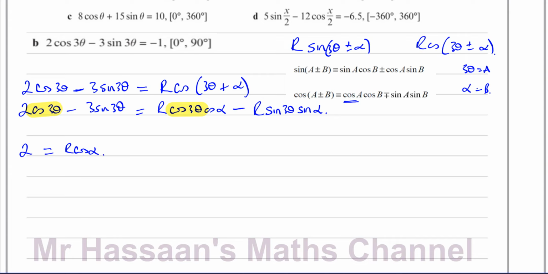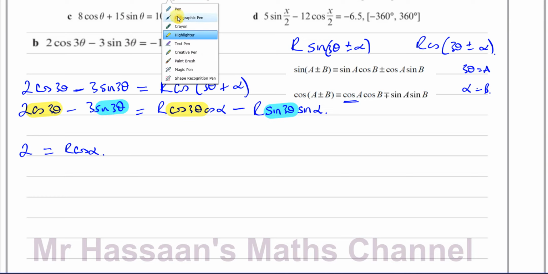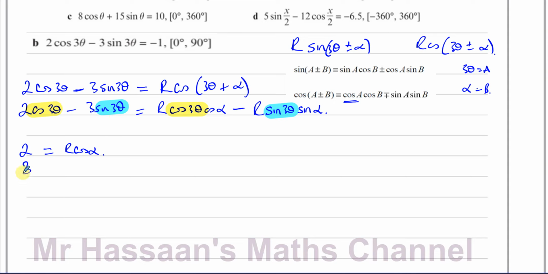And if I consider the coefficients of sine 3 theta, on this side it's 3, and on this side it's r times sine alpha. So from this, I can now work out what alpha and r are.